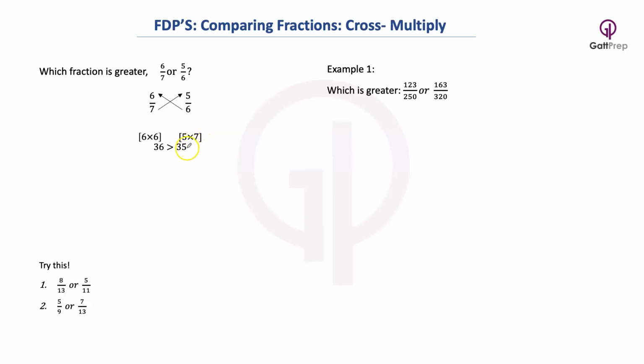This involves multiplying the numerator of one fraction with the denominator of the other fraction and vice versa. So here 6 will move and multiply this 6, 7 will move and multiply this 5. Now we have 6 times 6, which is 36, and then 5 times 7, which is 35.